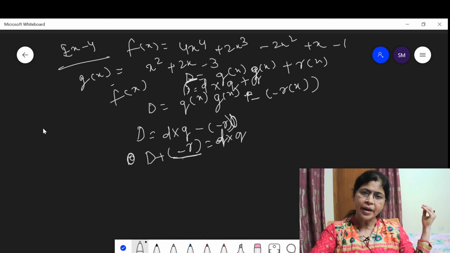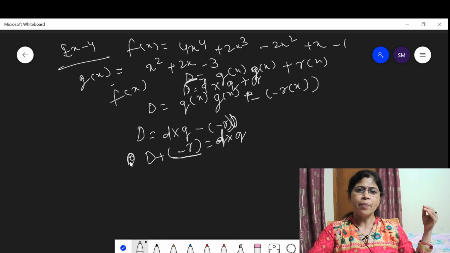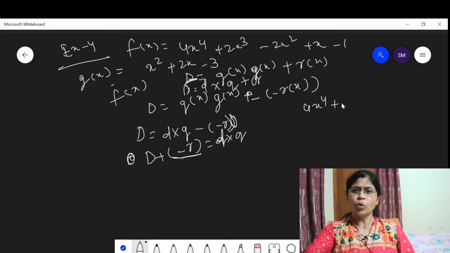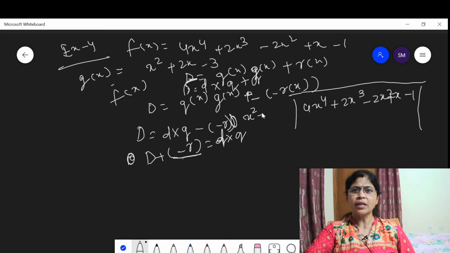Now let us divide and find out the remainder. Here f(x) is 4x fourth, and it is the most important part: at first keep the functions in descending order of their exponents. Then 4x fourth plus 2x cube minus 2x square plus x minus 1, and g(x) is given x square plus 2x minus 3.